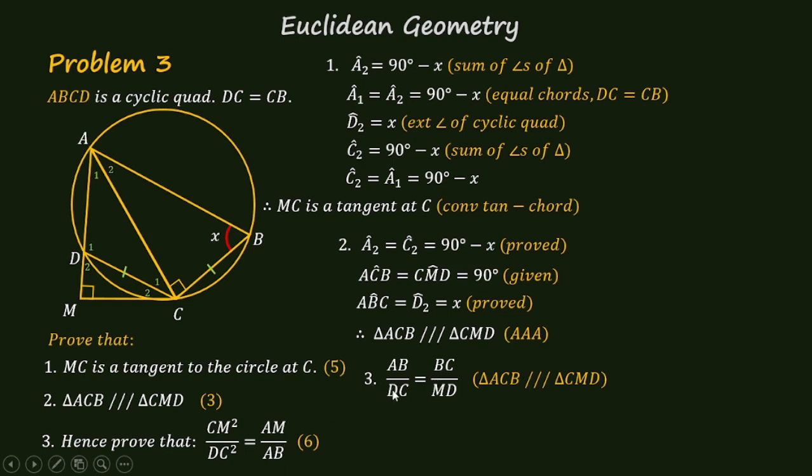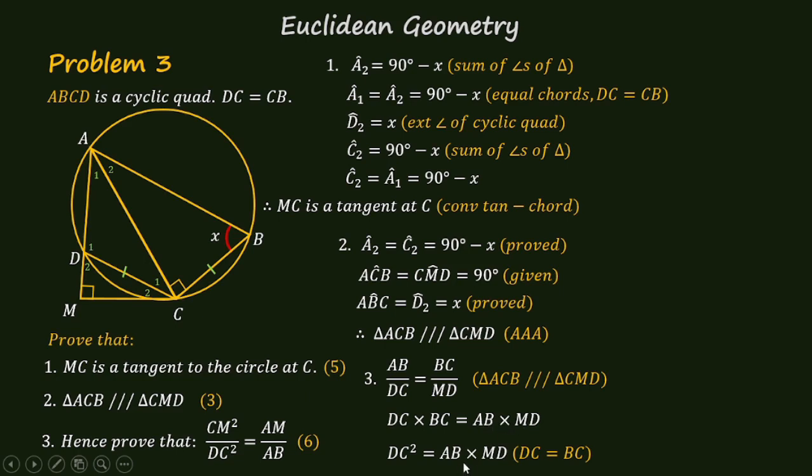Now also remember that BC and DC are equal in size. They've been given to us here as being equal in size. So if we cross multiply these, we can write this as DC squared because BC and DC are equal in size. So we can simply write DC squared equals AB times MD.